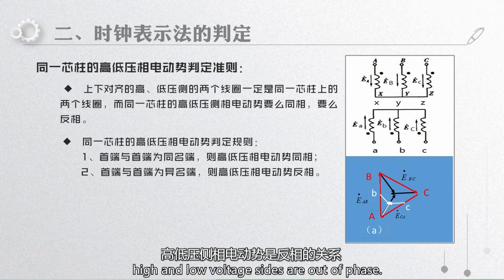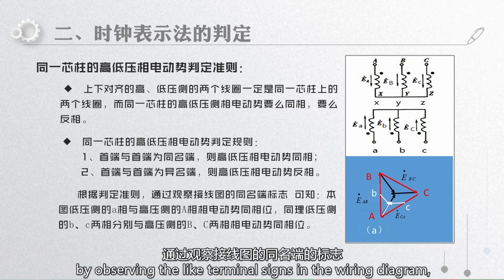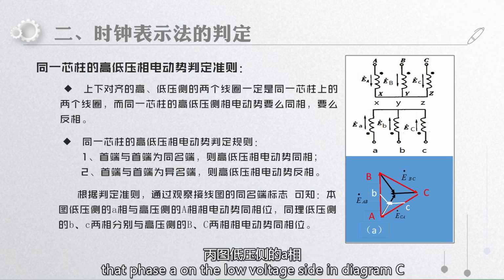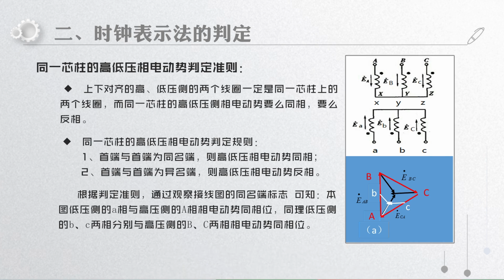According to the judgment criteria, by observing the like terminal signs in the wiring diagram, it can be known that phase A on the low voltage side in diagram C is in phase with the phase electromotive force of phase A on the high voltage side.